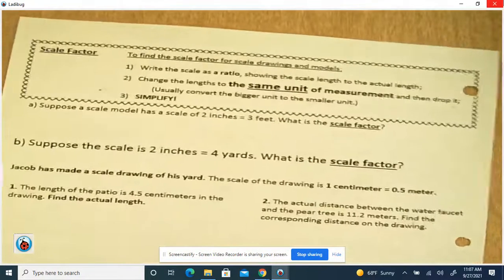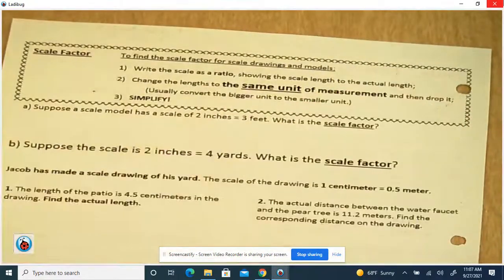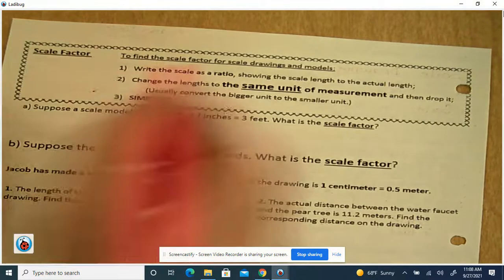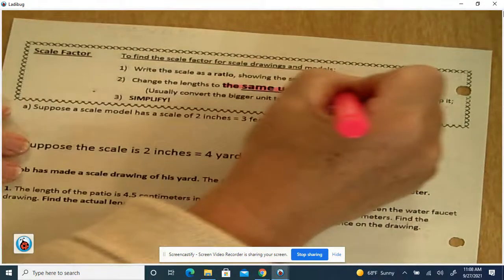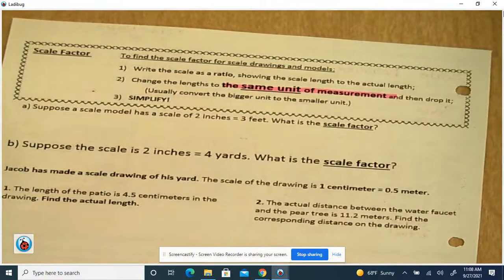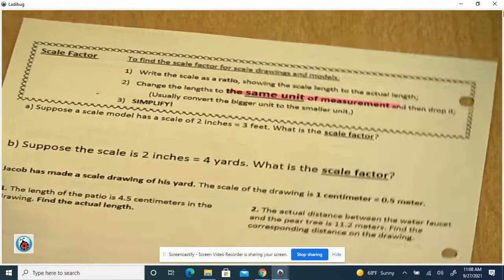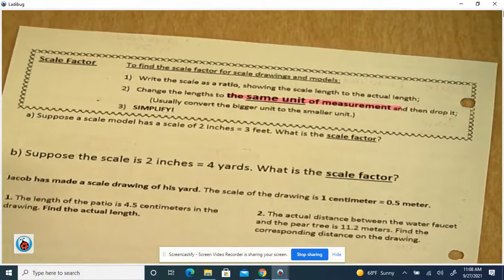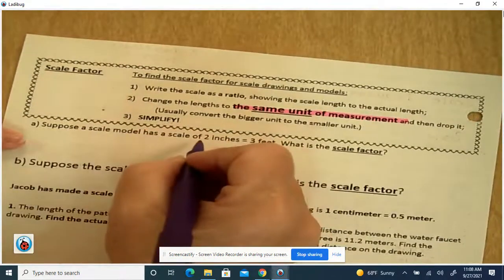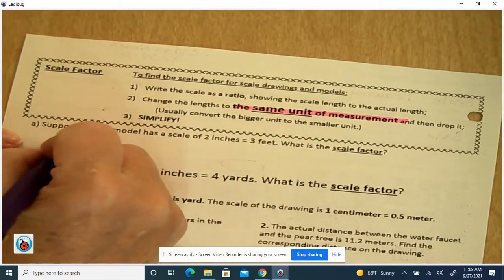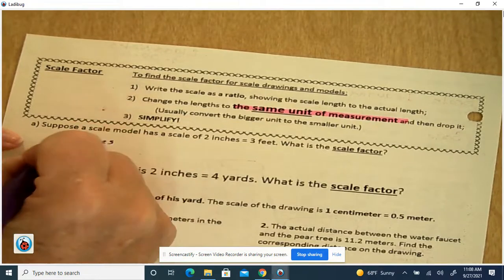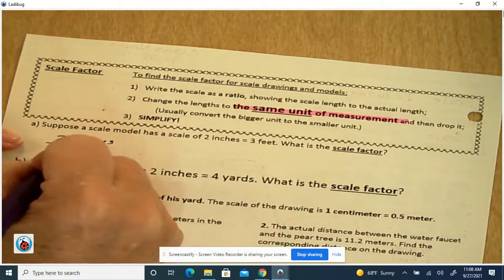Scale factor. To find the scale factor of the scale drawings and models, write the scale as a ratio. Change the lengths to the same unit of measurement. Usually convert the bigger unit to the smaller unit and then simplify. Suppose a scale model has 2 inches equal to 3 feet.